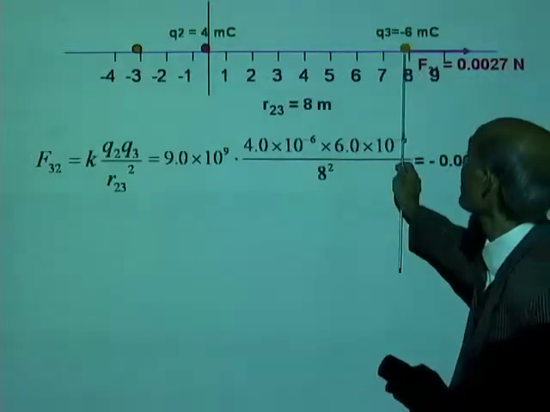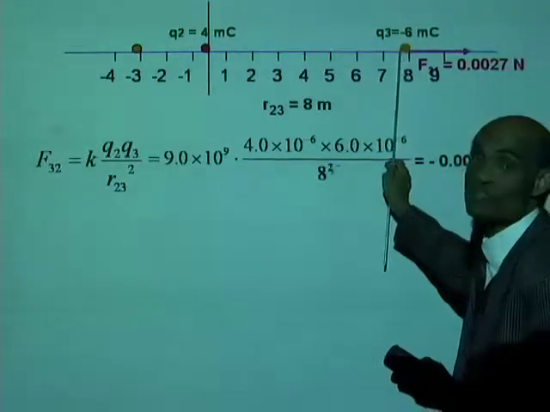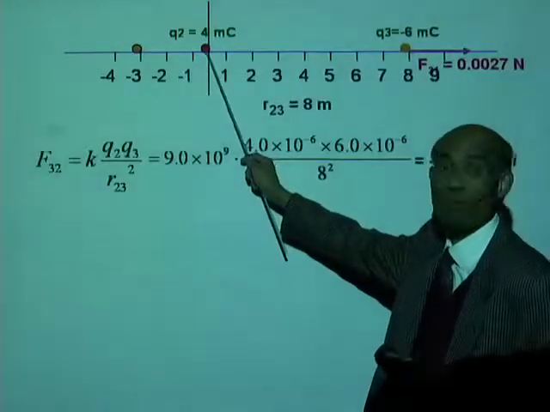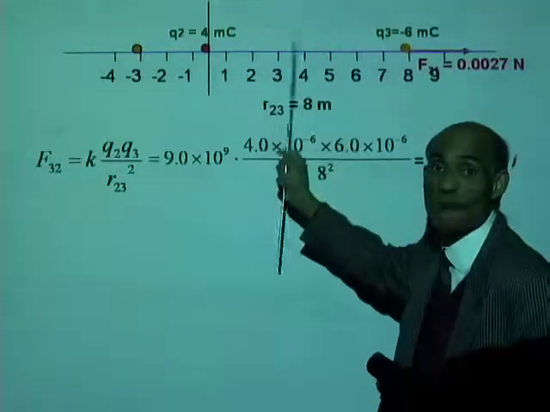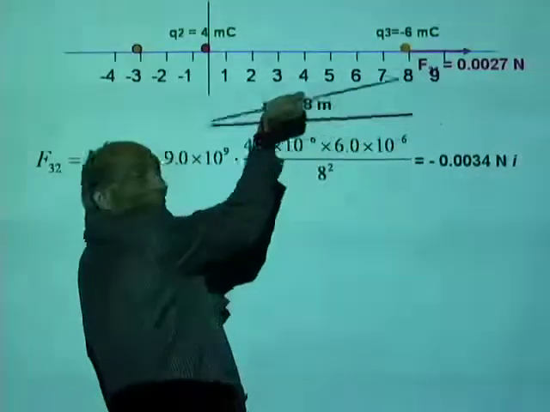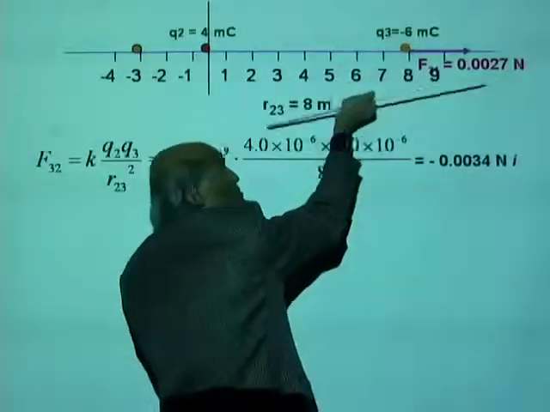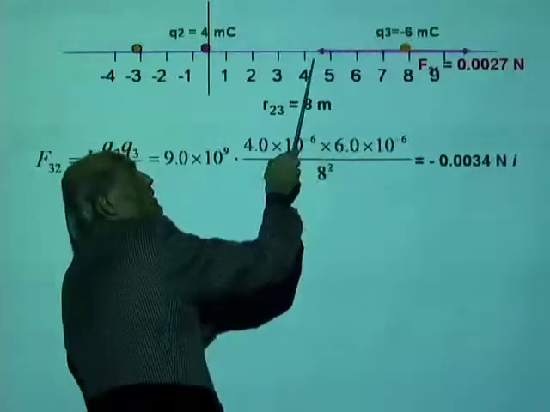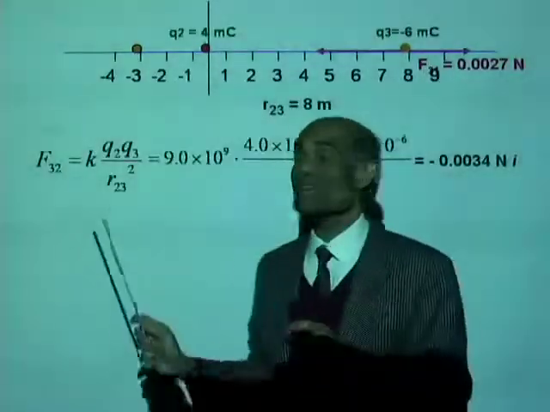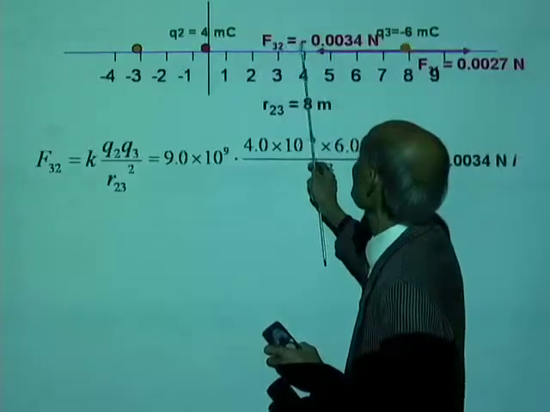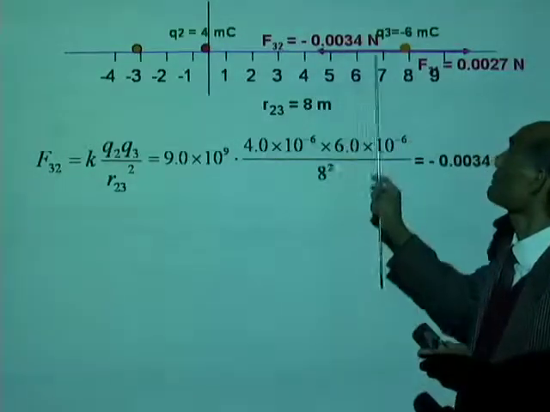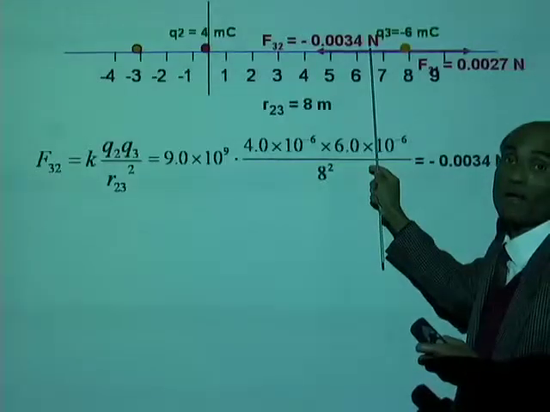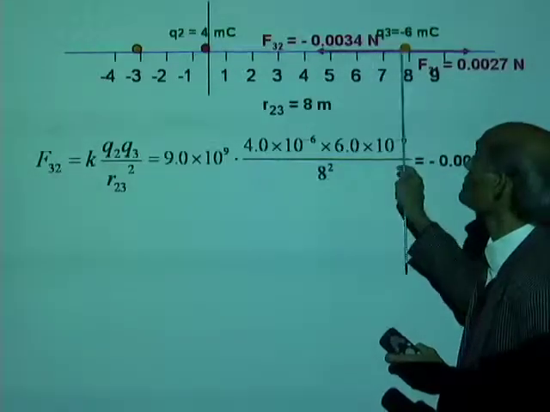Well, Q3 is a negative charge, Q2 is a positive charge. The force on Q3 by Q2 is an attractive force. Q2 will attract Q3, so it is a negative x force. F32 is negative 0.0034 Newton I.